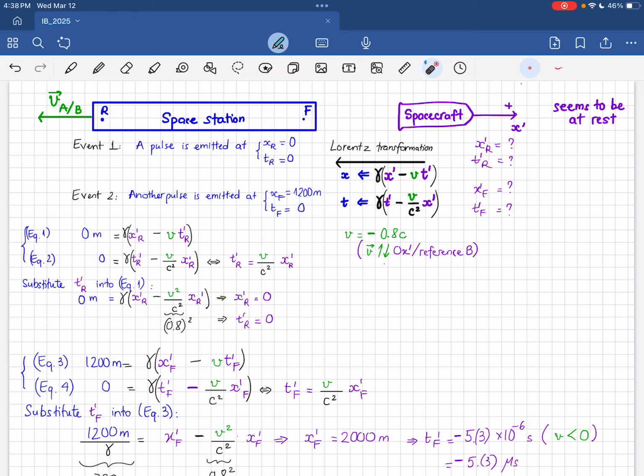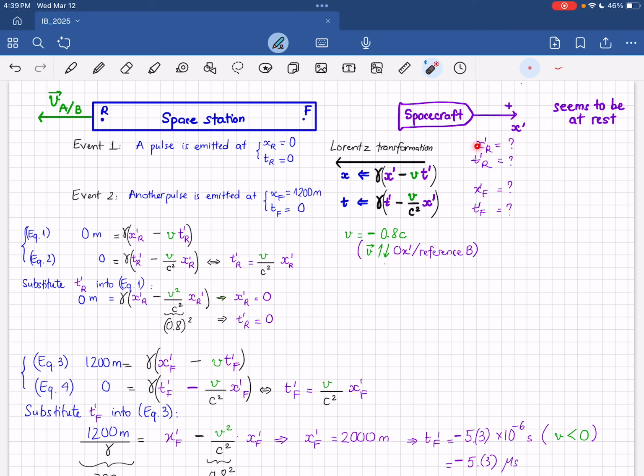You can also see that it's pretty interesting that even if you go from this frame to this frame, you have gamma multiplied with it. But if you go the other way, you also have gamma multiplied with it. Gamma is a very special factor, okay? And there's a story about it. If you want, we can talk about it in another video, but not now, okay? Let's get back to the point here.